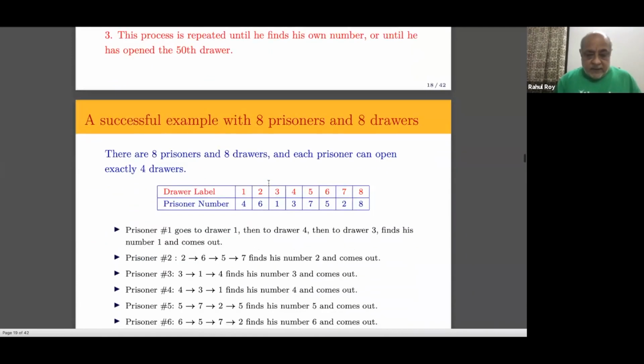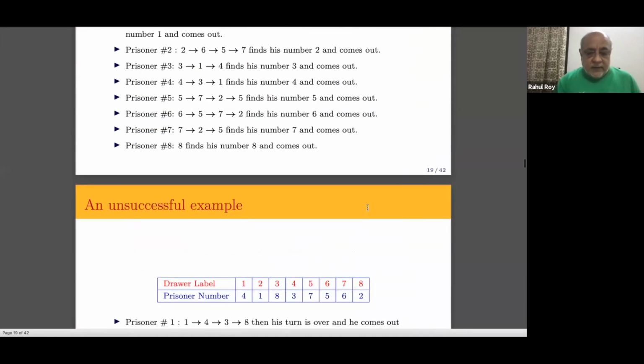I gave an example of a successful way for the prisoners. So if the random numbers are like this: 4, 6, 1, 3, 7, 5, 2, 8, then all the 8 prisoners will get their numbers. And I also gave an unsuccessful example.